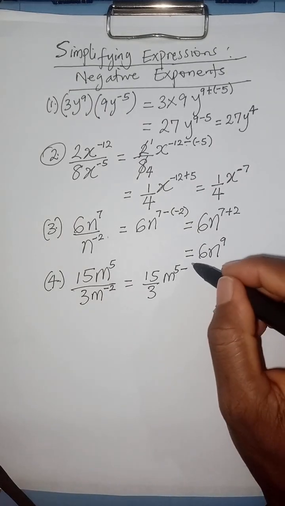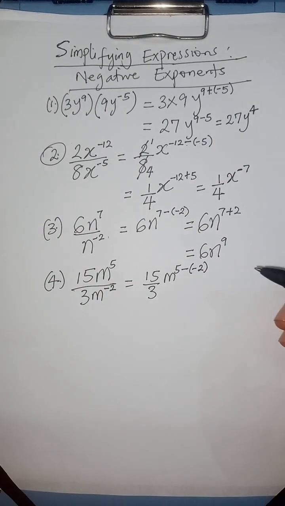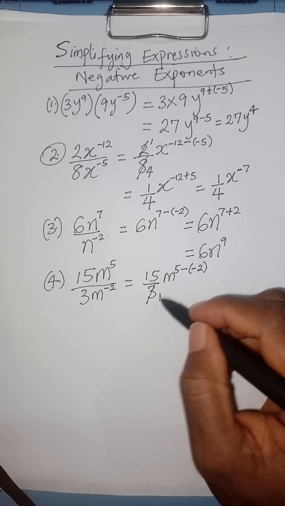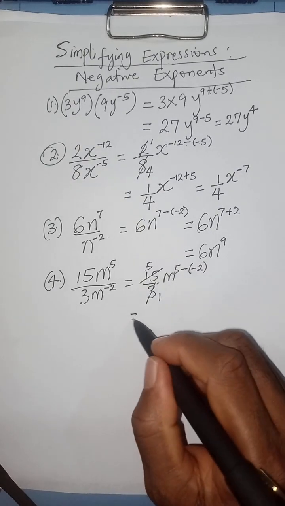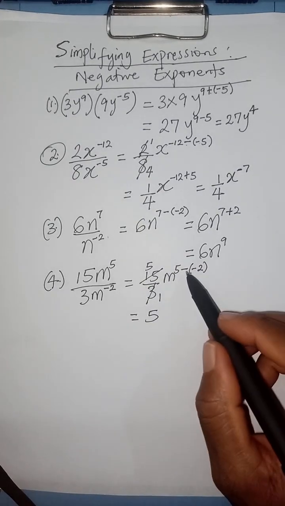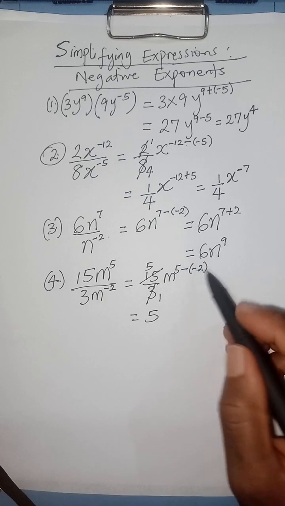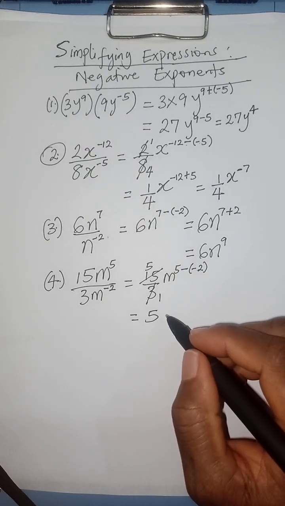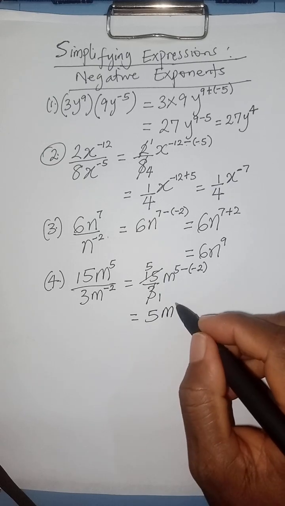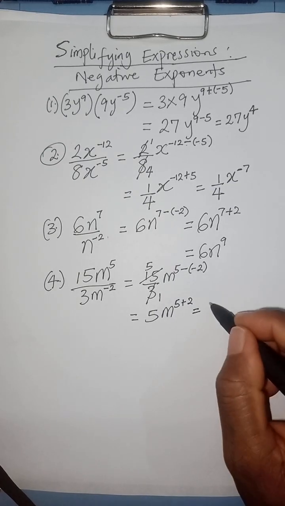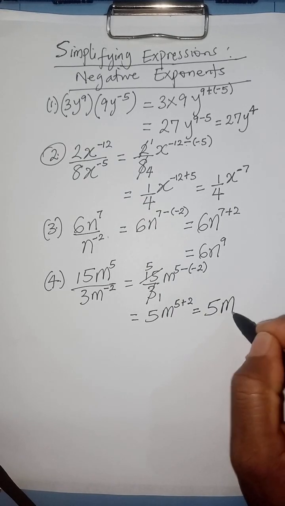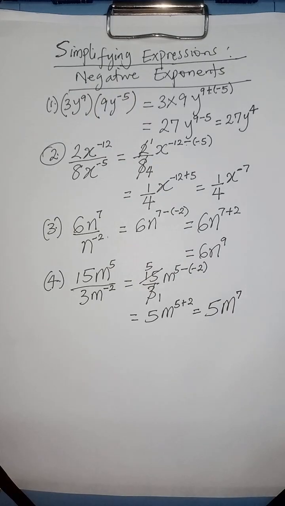Minus 2. So you open a bracket for minus 2. And 3 can divide 3 to be 1, 3 can divide 15 to be 5. So that your final answer is 5. Here, minus times minus is plus. So it's going to be m raised to the power 5 plus 2. 5 plus 2 gives you 7.